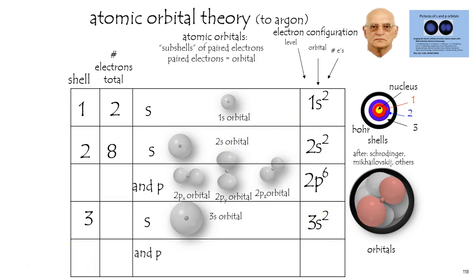We also have subshells for the third shell, and they are 3p sub x, 3p sub y, 3p sub z, just like the second shell, only with a larger radius.